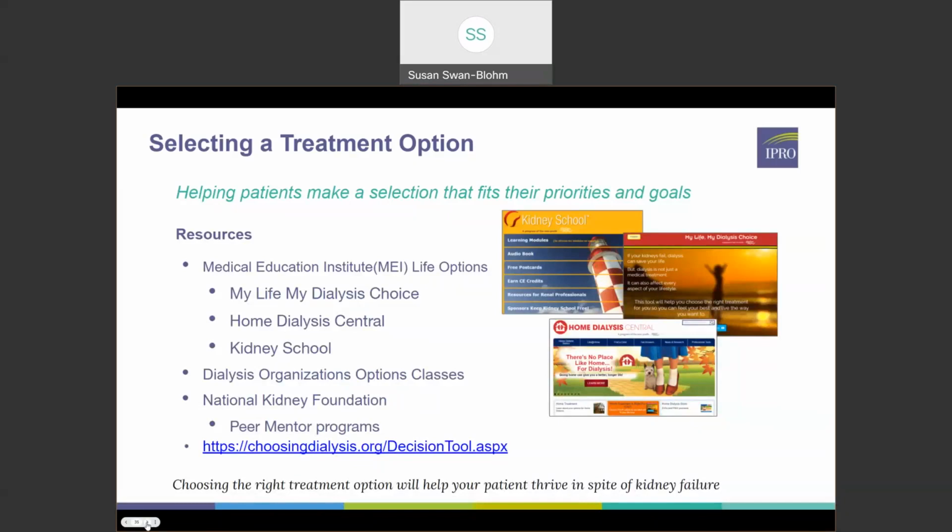These resources, along with other options, will help the patient choose a treatment option that best fits their priorities and goals. Review the Medical Education Institute Life Options. Refer your patient to Dialysis Organization treatment option classes, the National Kidney Foundation programs, or the IPRO patient portal for additional education.